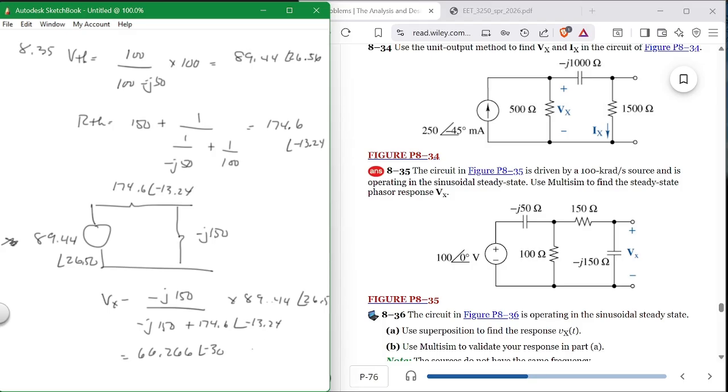Is that right? Everybody get that? Leo, did you get that? Or did you get something else? You didn't get that? Well, the approach works, maybe the numbers don't work, but the steps work.